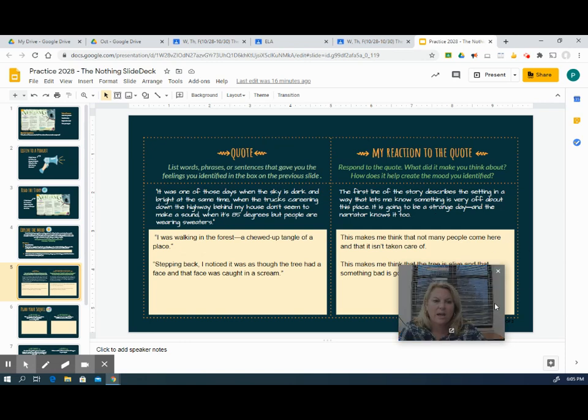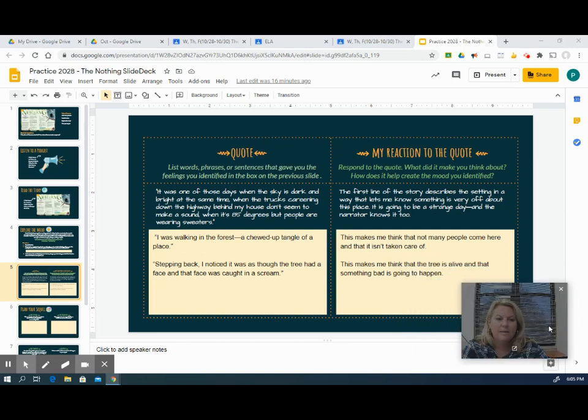So yesterday you listed some words that you thought described the mood of Kristen Lewis's flash fiction piece, The Nothing. Now we're going to take some of those words and use a quote from the story and react to it.